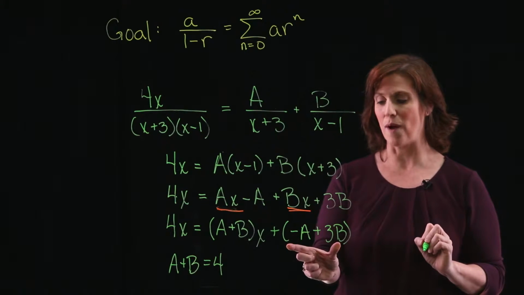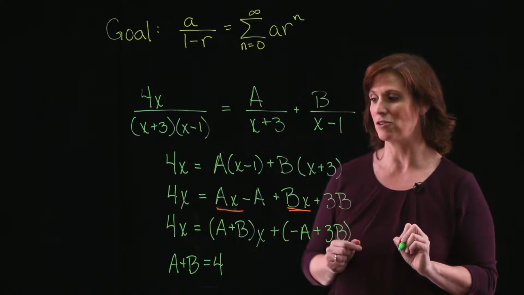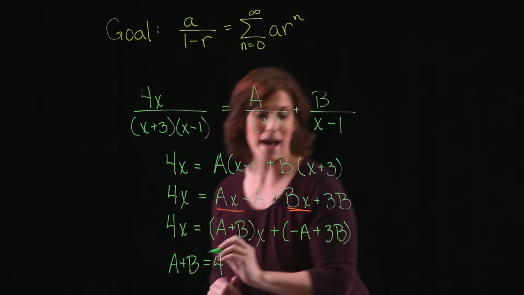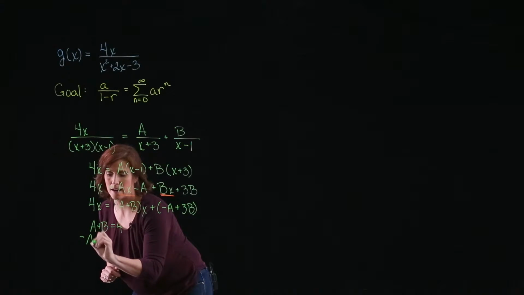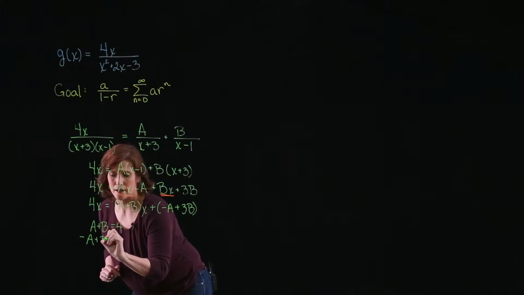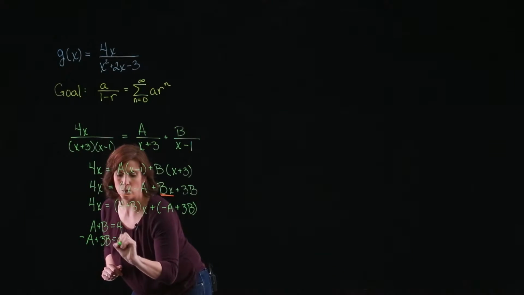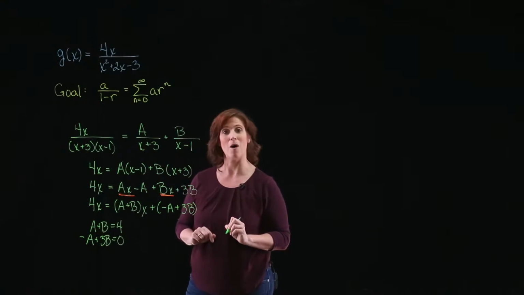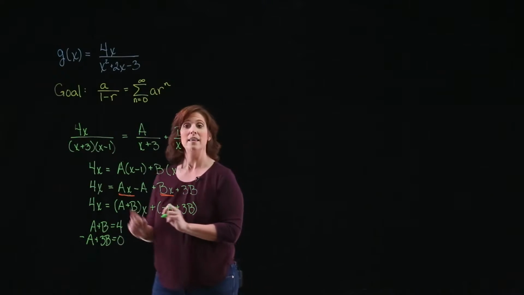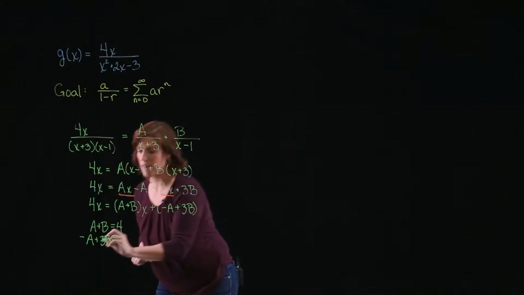And the constant term on the right-hand side must be the same as the constant term on the left-hand side. So minus a plus 3b must equal 0 because there is no constant term on the left-hand side. This gives me a system of equations.